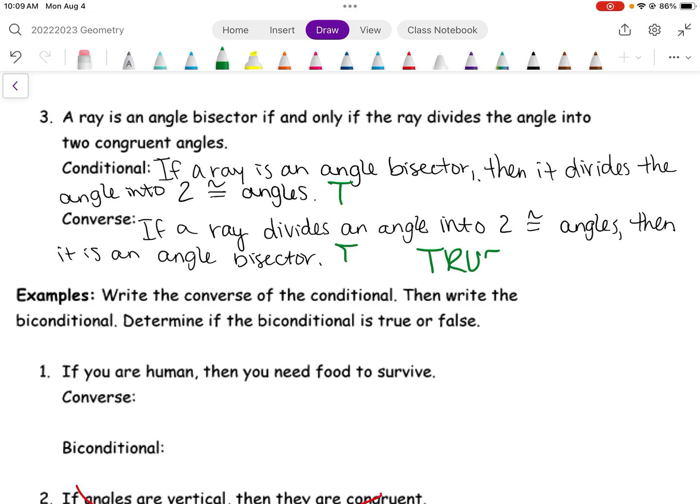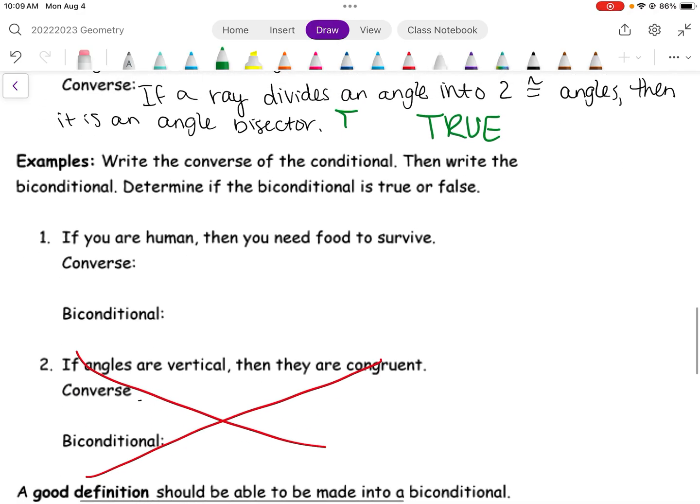That's also true. So this biconditional is true. Hopefully we got that. Okay, if it's going to divide something into two equal parts, it has to be a bisector. It was bisected.